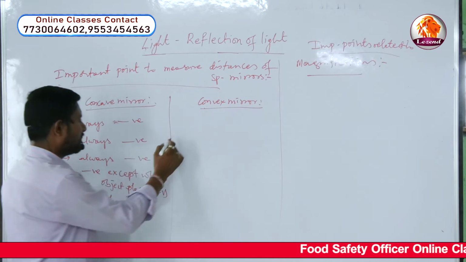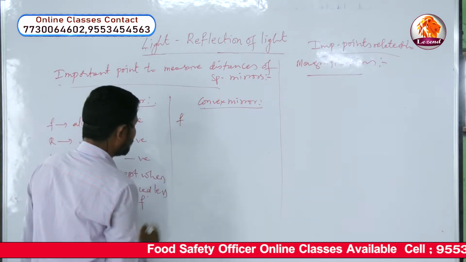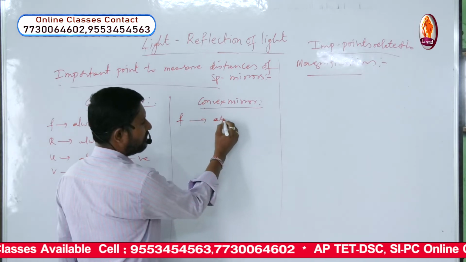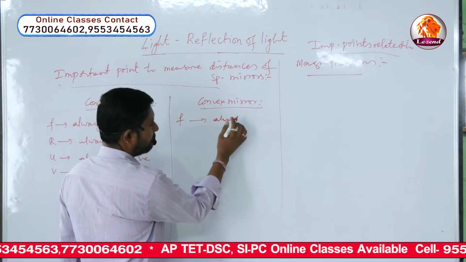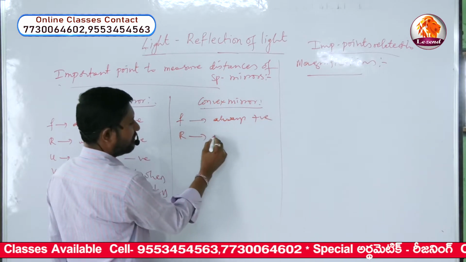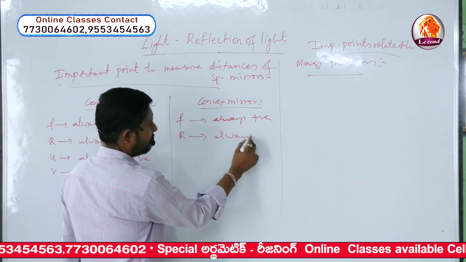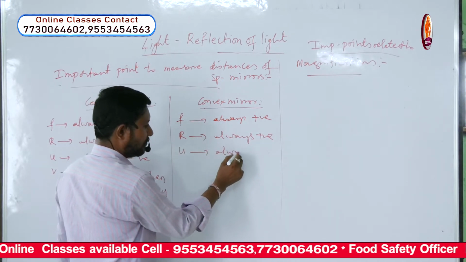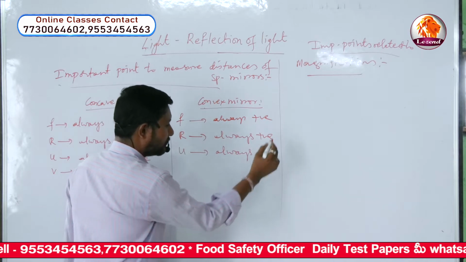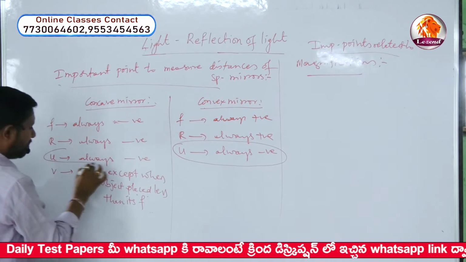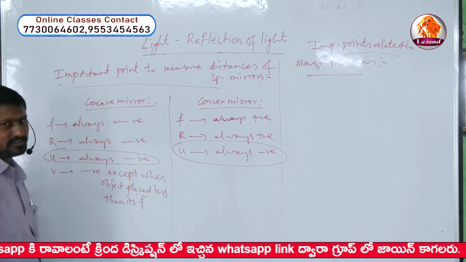Similarly, the focal length of a convex mirror is always positive, and the radius of curvature is always positive. Its object distance is always negative. So one common point for the concave and convex mirror is that object distance is negative.